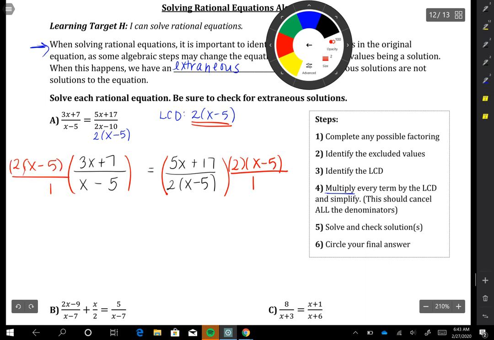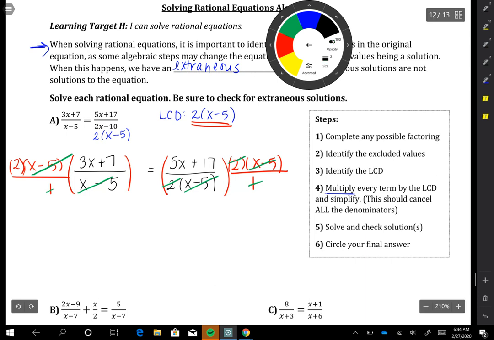What you see here is now we have two multiplication problems, which we're used to doing. Remember, when we're multiplying, if there's a common factor in the numerator and the denominator, we can cross it out. There's an x minus 5 in both of those, and here, both the 2 and the x minus 5 cancel. Of course, the ones we're not going to need to write. Do you see what happened here?